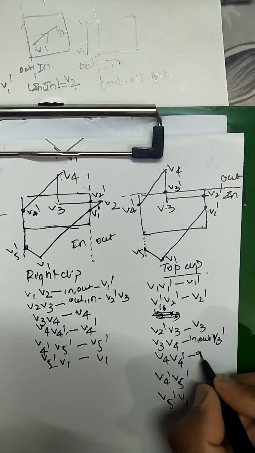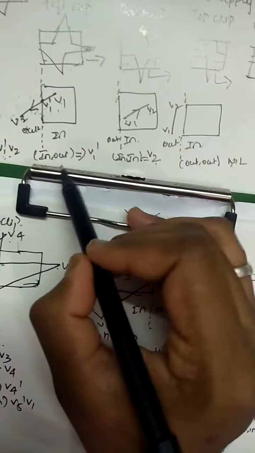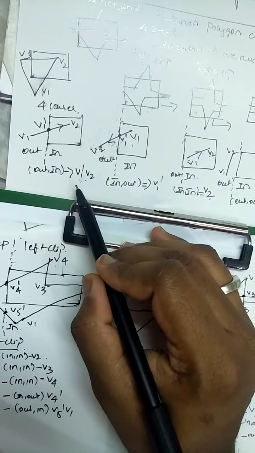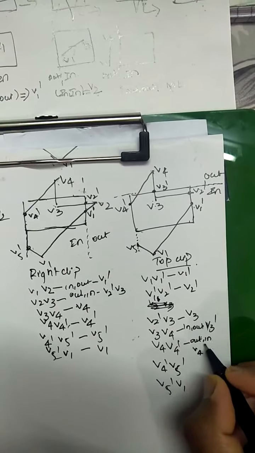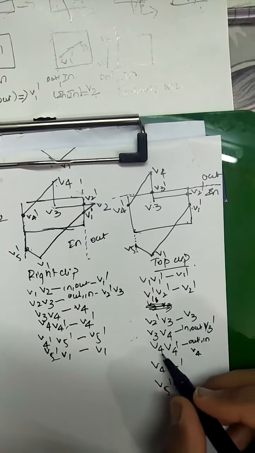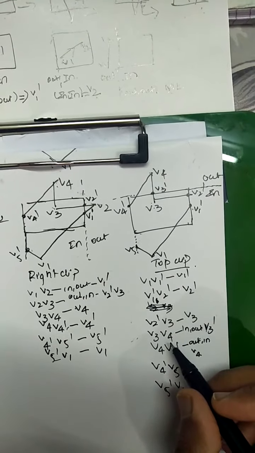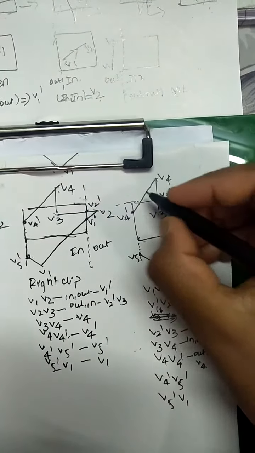v4, v4 dash, it is moving from out to in. If it is moving from out to in, then the outer point intersection and the second vertex, that is v4 dash. Outer point intersection, I can't take v4 dash again here because it is already named.